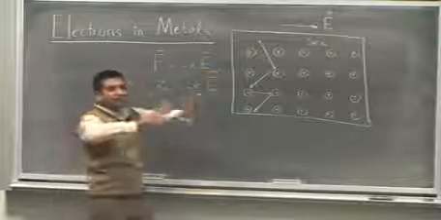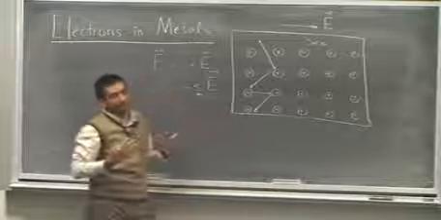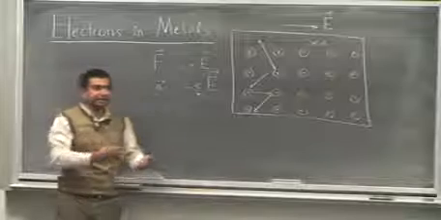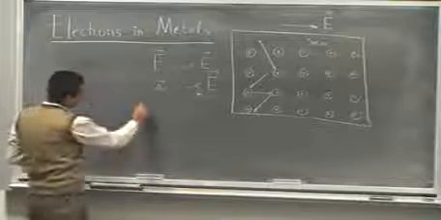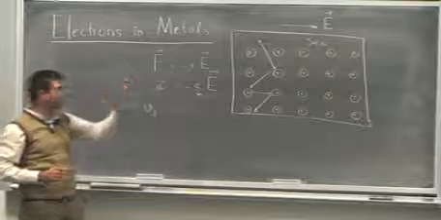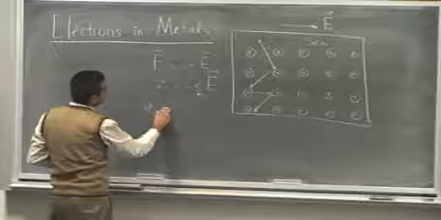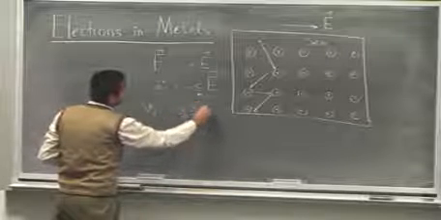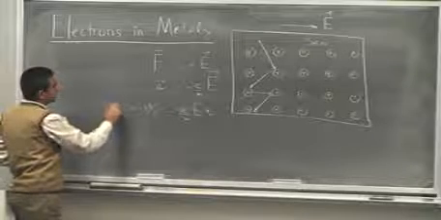So under the action of this applied field, the electrons accelerate opposite to the direction of the electric field because they are negatively charged particles, and when they accelerate, their speed increases. So if an electron has an initial speed v_i, after time t it acquires a speed v_i minus (eE/m_e) times t. This is the speed after time t.